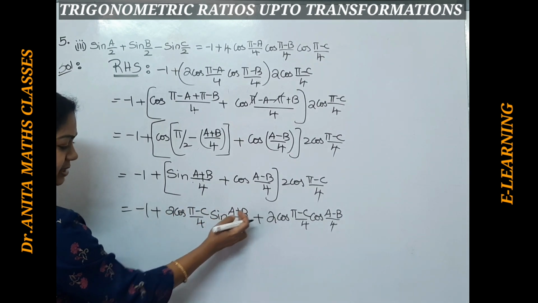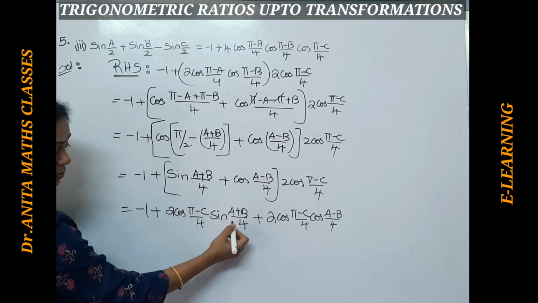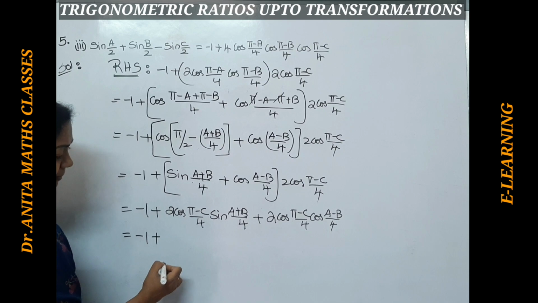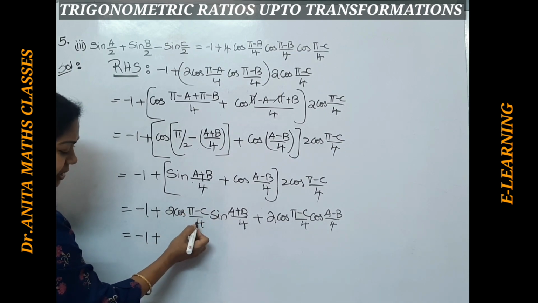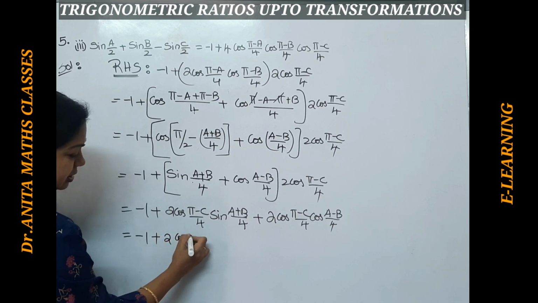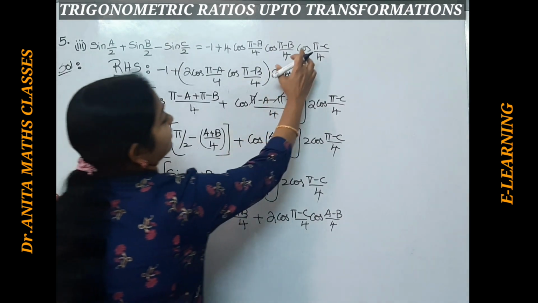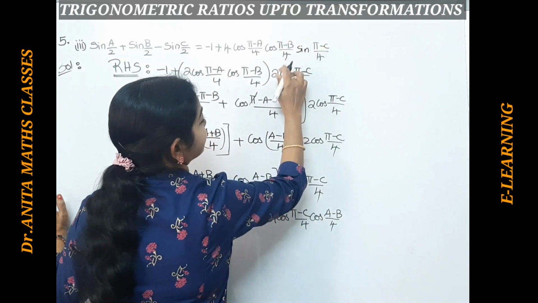Now if you are seeing this, we can write a plus b as pi minus c again, so sine of pi minus c by 4. Here the question itself has sine, so please make this correction here.